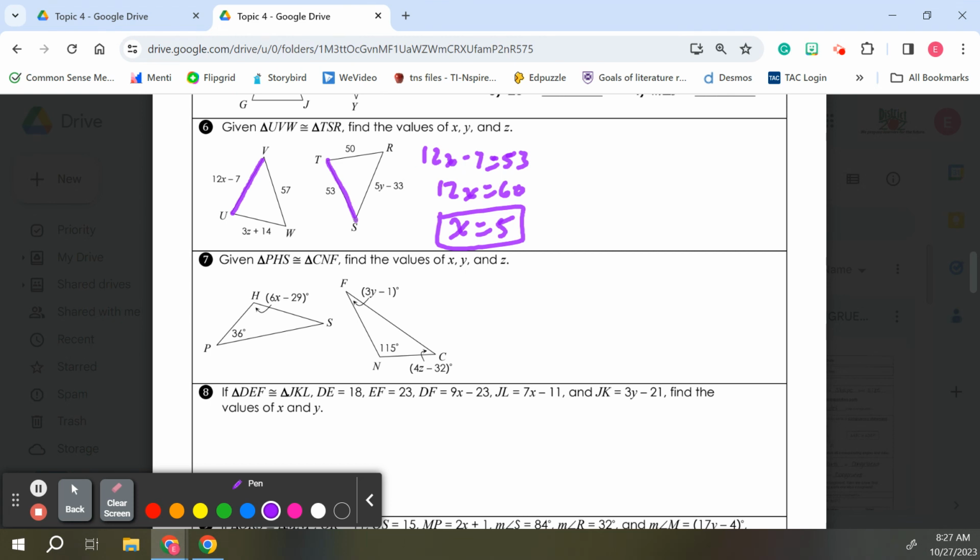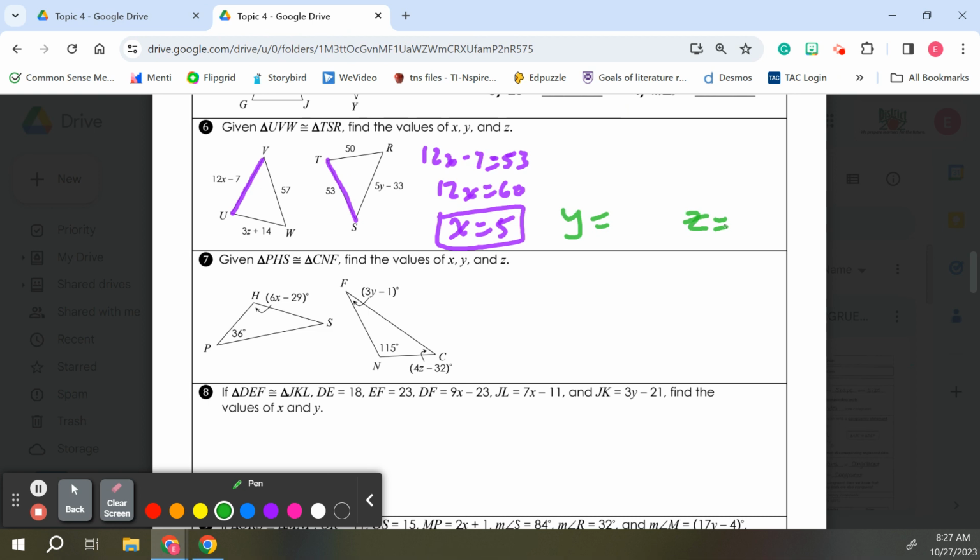Show hands. Who's still working on these 2? All right, another minute. All right, what does y equal here? Who could tell me?